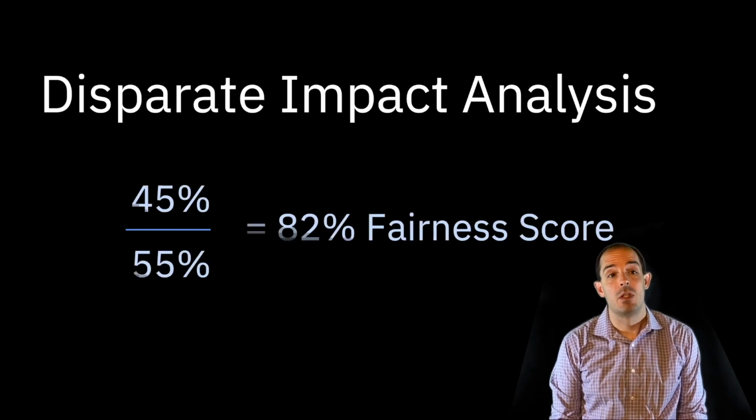For example, if the model gives higher recommendations for 45% of our female candidates and higher recommendations for 55% of our male candidates, our fairness score is about 82%. The industry standard is 80%. If the fairness score falls beneath that, your model has issues with unfair bias. However, some industries, governments, or business best practices may require higher or lower fairness scores.